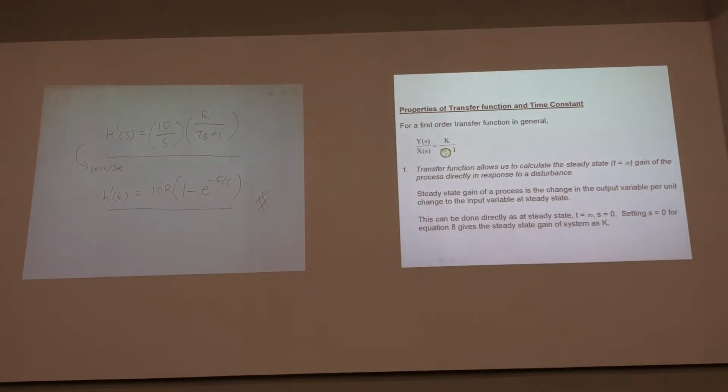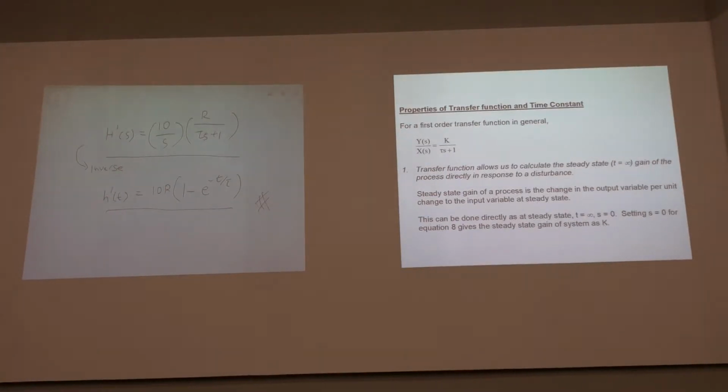When s equals 0, 0 plus 1 is 1, and K divided by 1 is K. So steady state gain K is what you get when the input change is 1. It means that compared to steady state, the gain will be K.